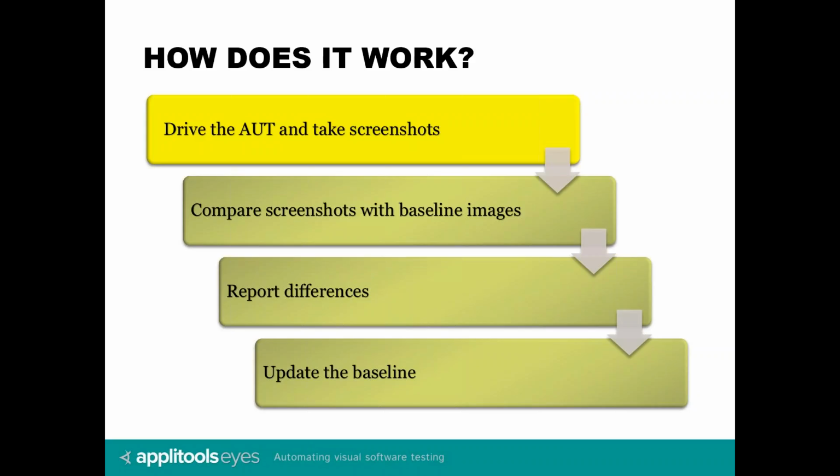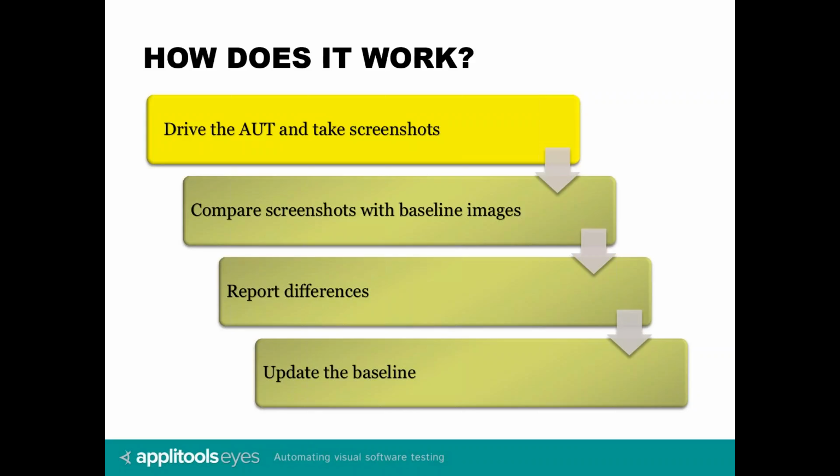Okay, so now that we know how we can compare screenshots with baseline images in a very robust and stable way that would allow us to scale our tests and reduce maintenance, let's talk about the first step of the workflow, which is driving the application under test and taking screenshots. With Applitools Eyes, you can accomplish that by using various SDKs that we provide.